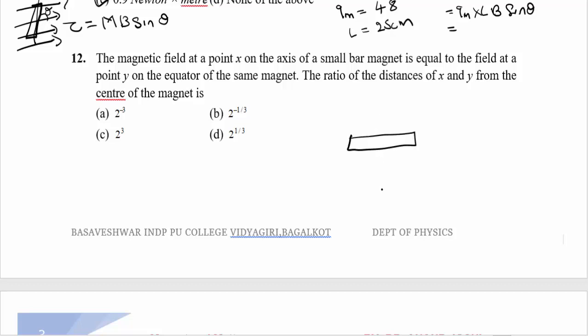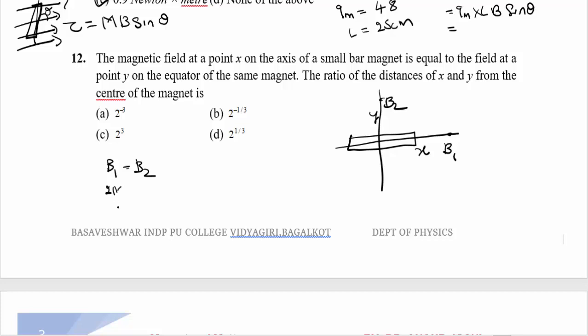This is the equator, this is the axial line, the point x on the axial line, the point y on the equatorial line. This magnetic field is B1, this magnetic field is B2, and these two are equal, given B1 equal to B2. B1 is what?